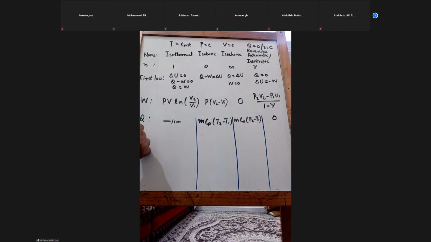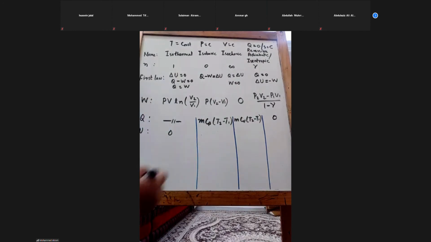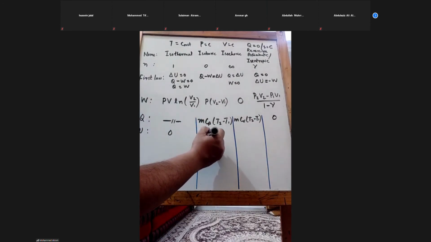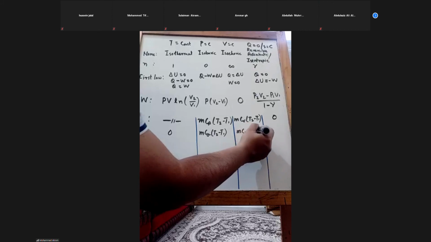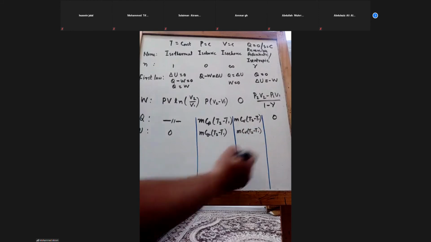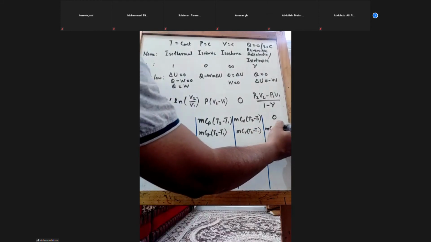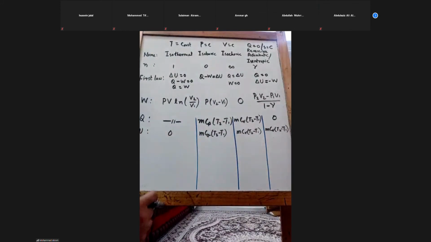Then similarly, if you want to calculate delta U, if it is not 0, here it is 0. This will be M CV T2 minus T1. This will also be M CV T2 minus T1. And here also it will be M CV T2 minus T1. Because it is a function of temperature, whatever the process, using the value of CV you need to calculate.